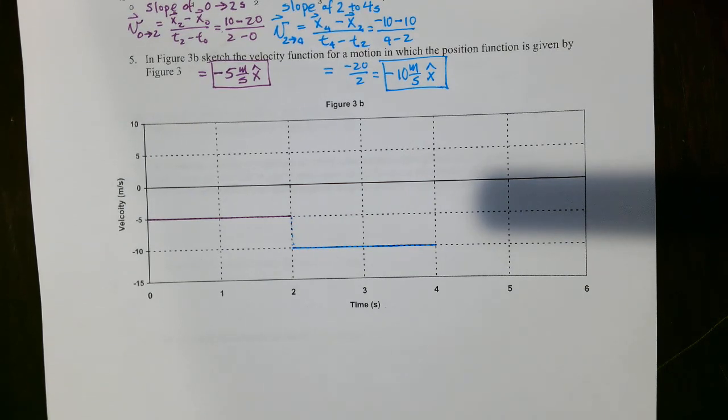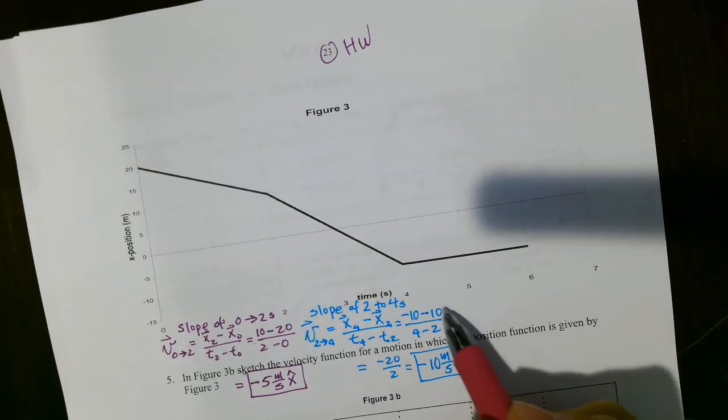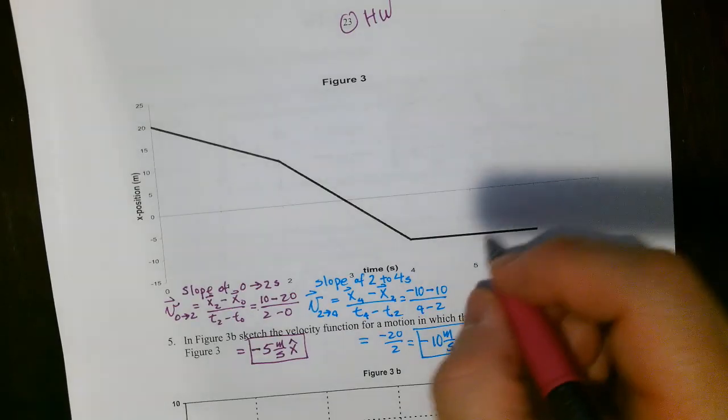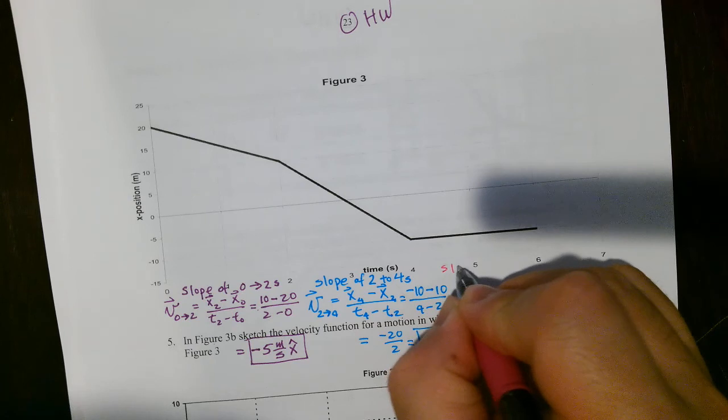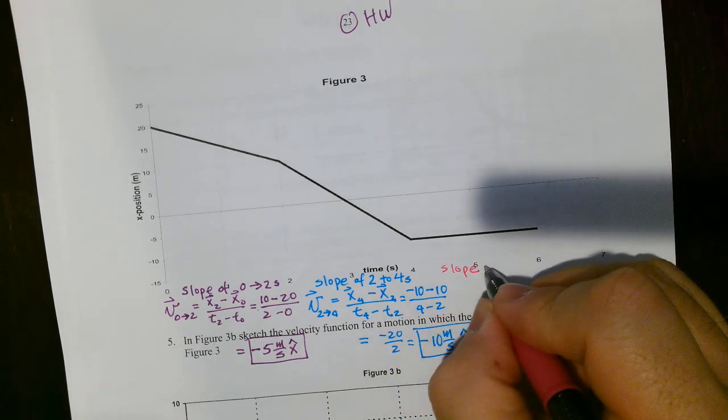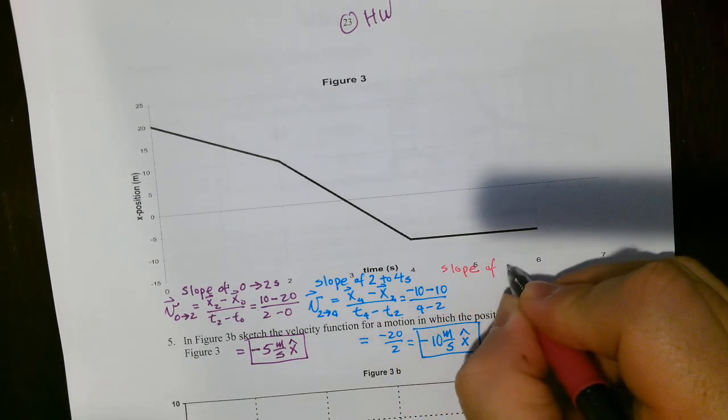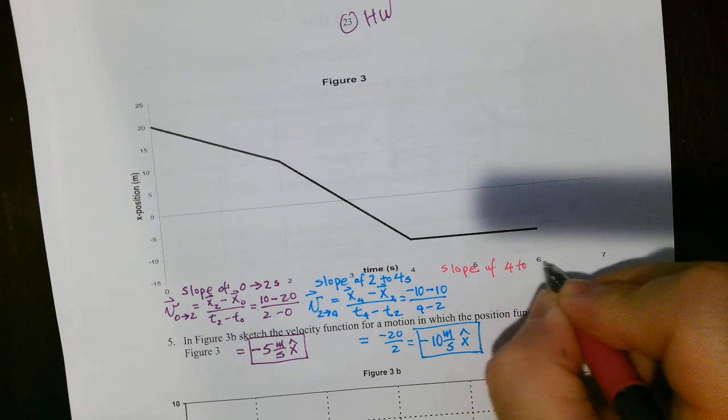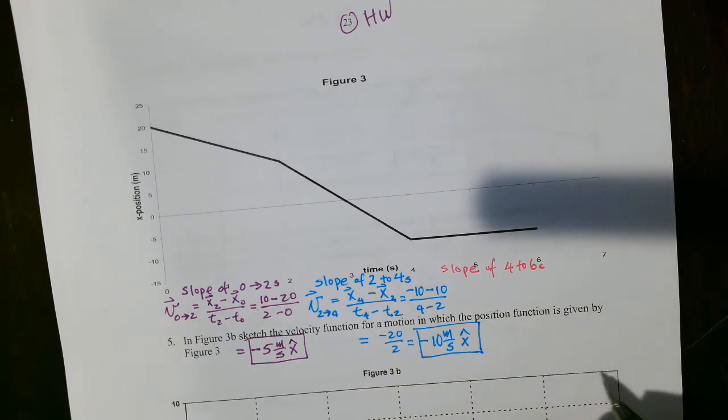Now let's take a look at from 4 to 6 seconds. So let's find the slope, okay, of 4 to 6 seconds.